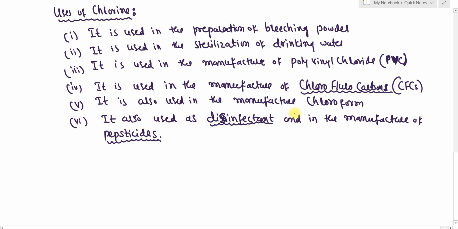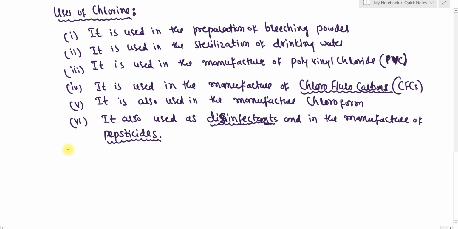Next we are going to see the uses of hydrogen gas. Another important product of the chloralkali process is hydrogen gas. Remember students, hydrogen is a very dangerous and highly inflammable gas.